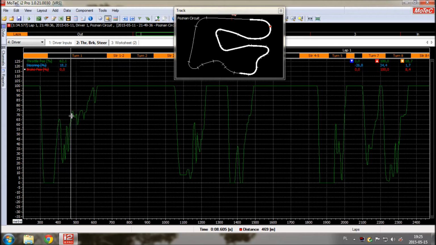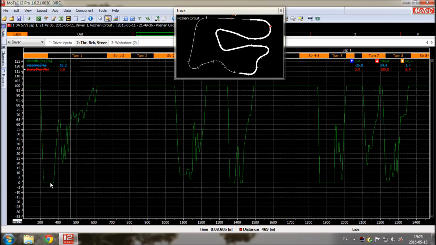Okay, so what can we see? That's turn number 1, and you can see that the throttle work is very poor, because the general rule is, when you start applying throttle, you should start when you are sure you will not ease off the throttle exiting the corner.